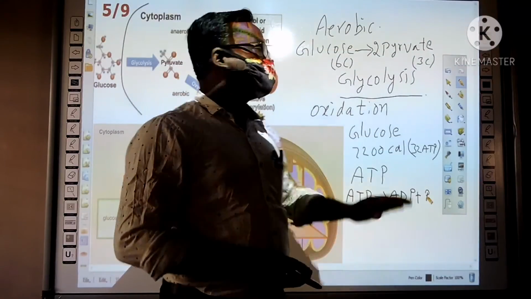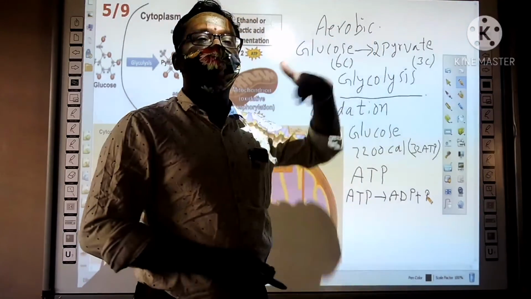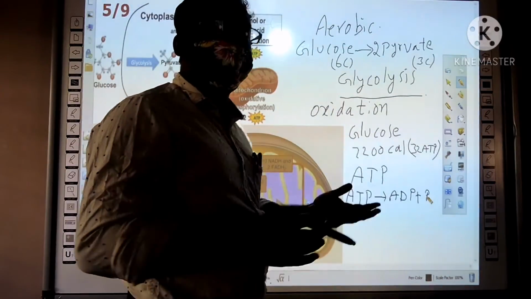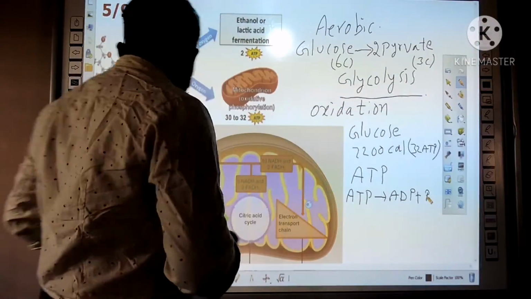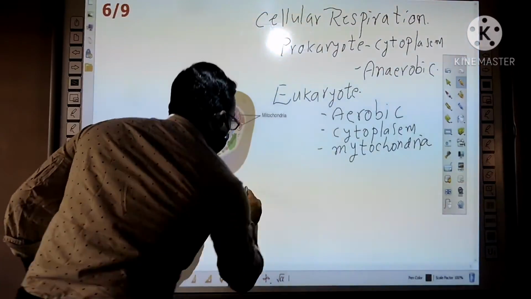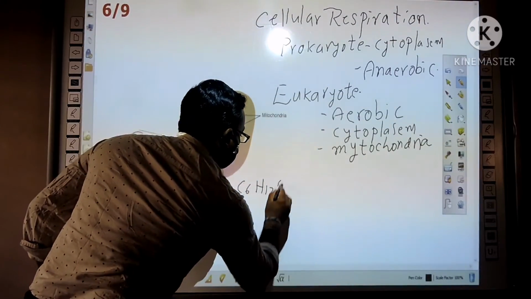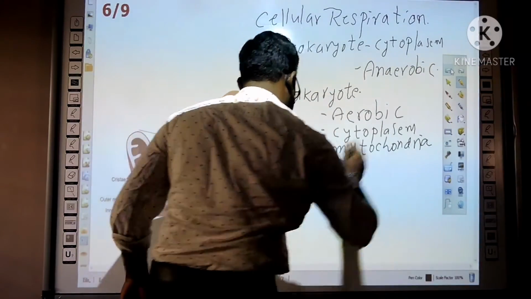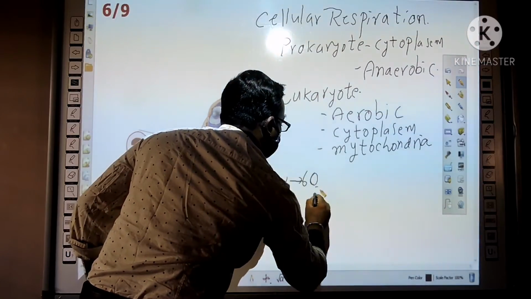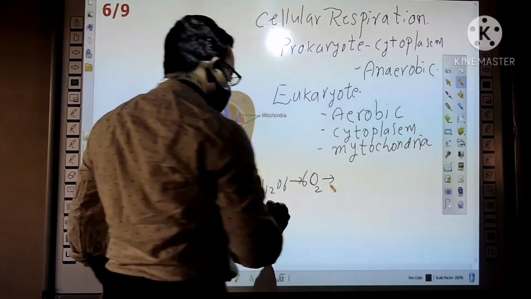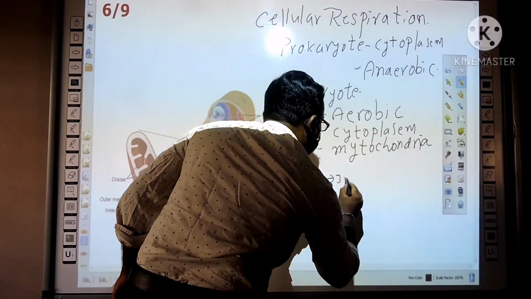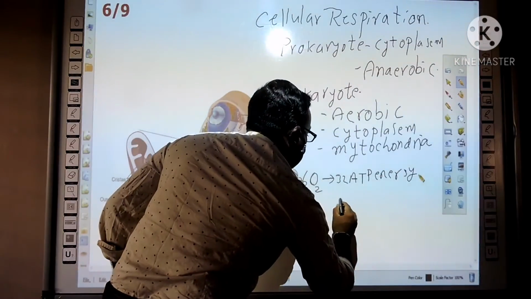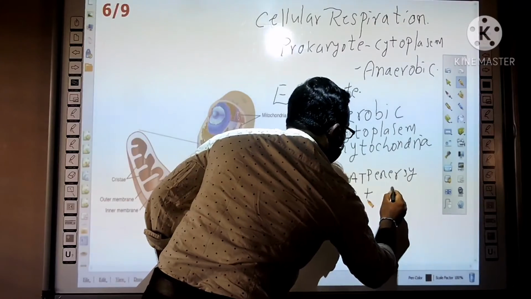So this is what happens in aerobic respiration in eukaryotes. Along with energy, carbon dioxide and water also form. Understand? When one glucose molecule oxidizes with oxygen, 32 ATP of energy is released, and along with that carbon dioxide and water also release.